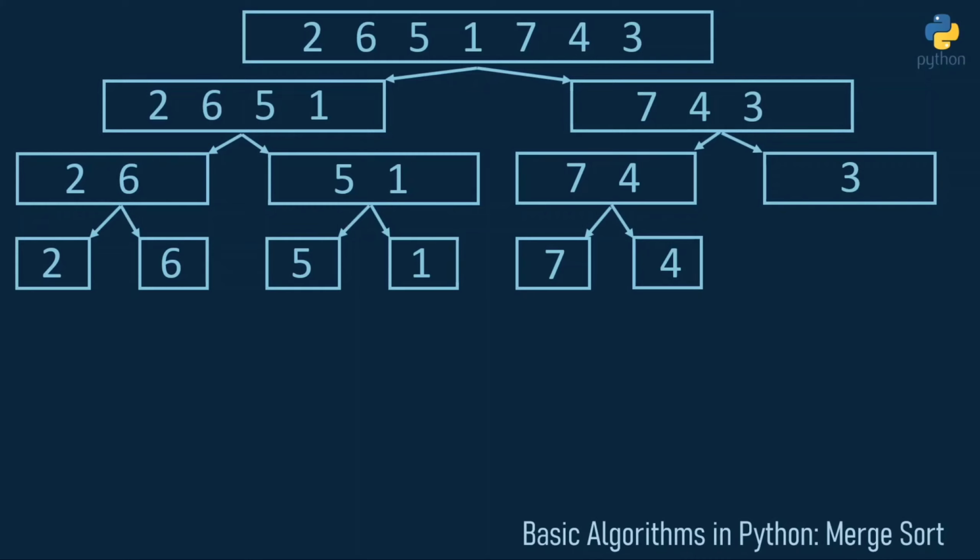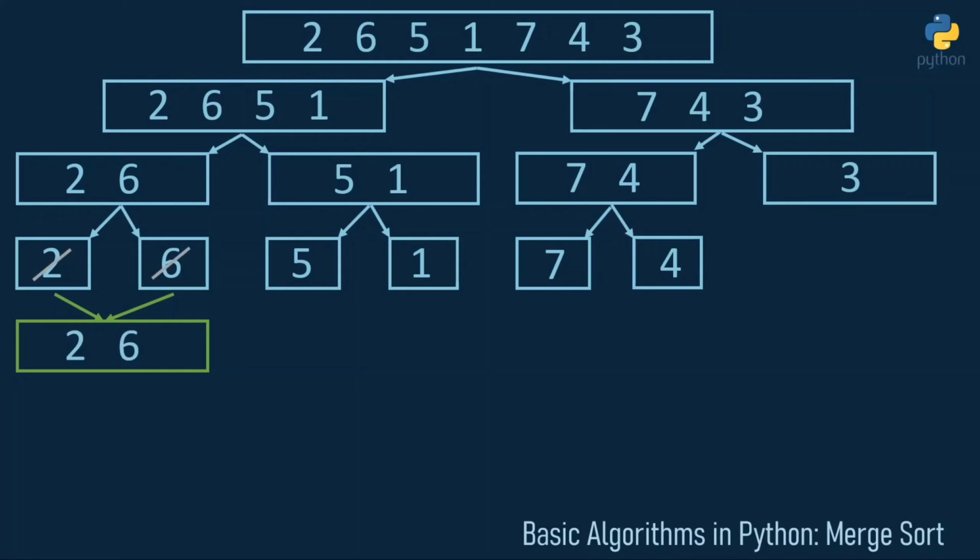As of now, our sub-arrays contain one element, so we can now start with the merging step, and we're ready to merge these arrays into slightly bigger arrays that are already sorted. So we start with 2 and 6. Now we see that 2 is less than 6, so we list down 2 and then 6.